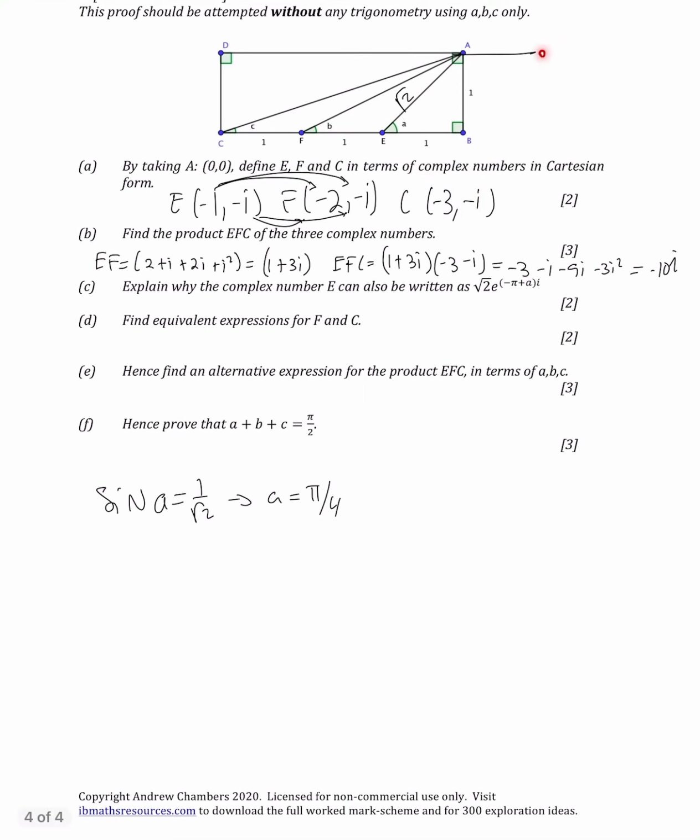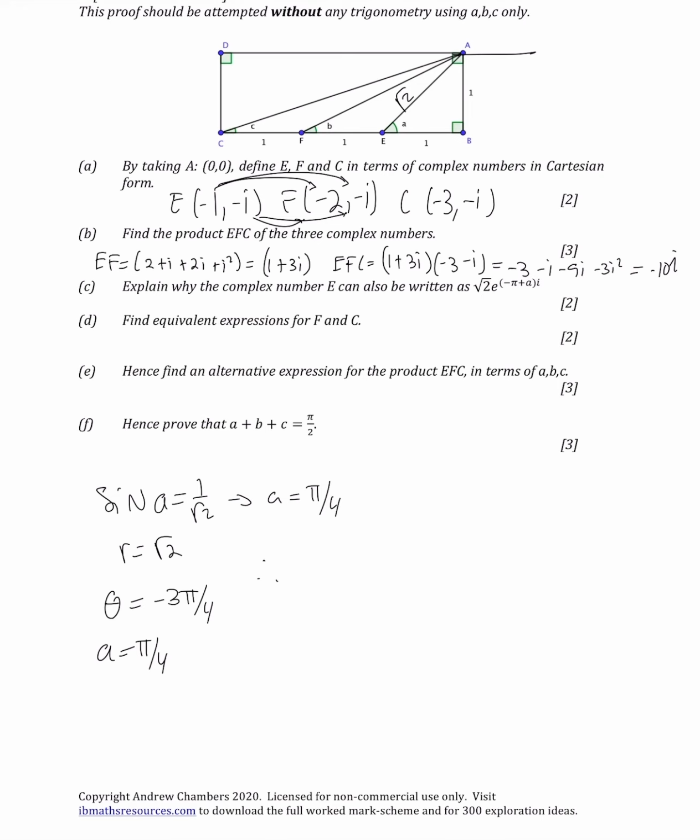Or said differently, it could be negative pi, going this way, plus pi over 4, which is what A is. Now, explain why this can be done. So, r equals root 2, and theta equals minus 3 pi over 4. A equals pi over 4.